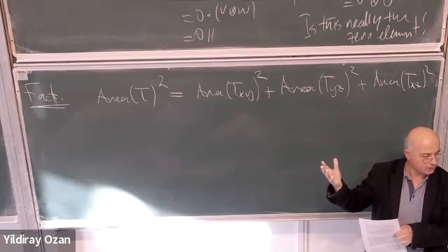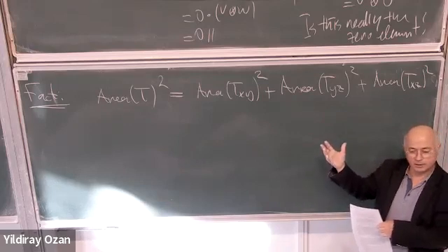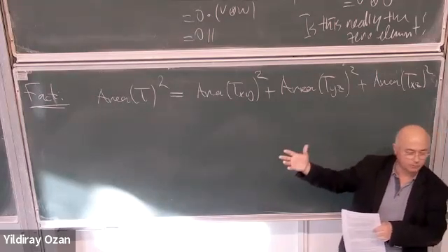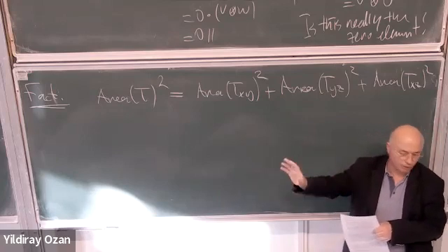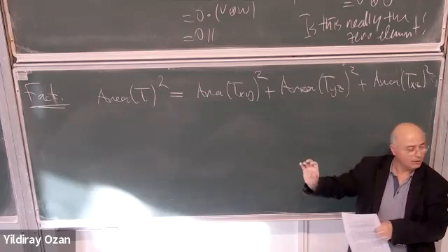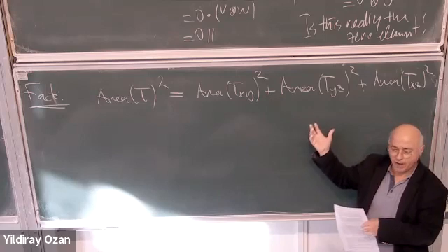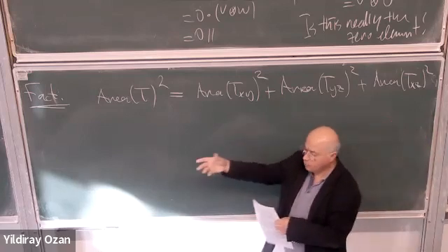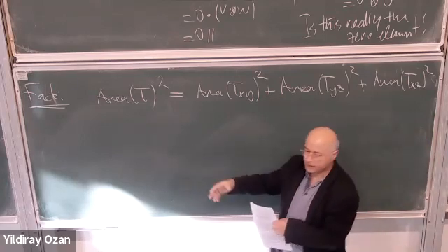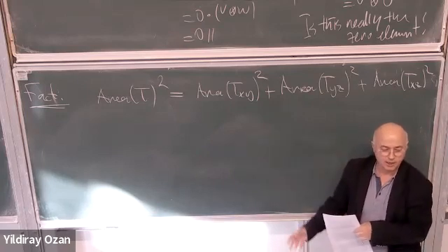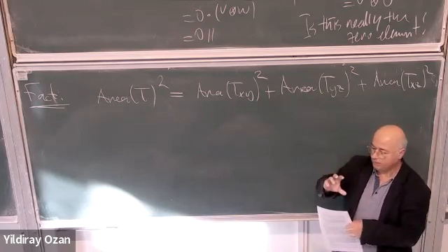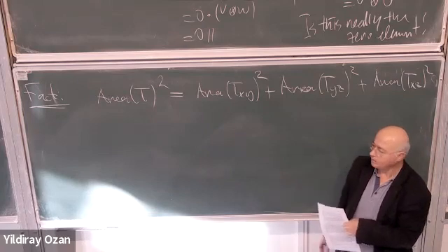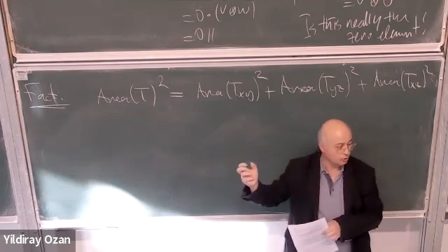But using the language of tensor products, it will be just one line. Such a fact can be written in terms of tensor products and wedge products in a very elegant way. That's why these objects are natural objects.